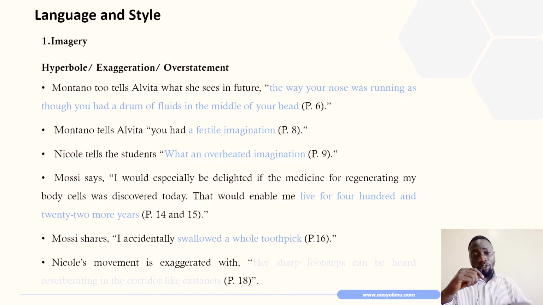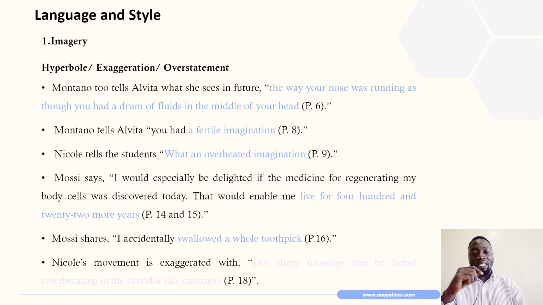So in their dramatization, or rather in what they are doing on the stage, Montano tells Alvita what he sees in future. That is the way Alvita's nose was running as though you had a drum of fluids in the middle of the head.